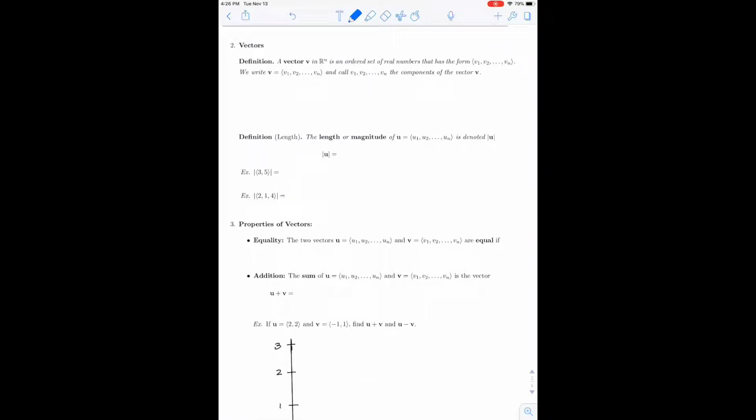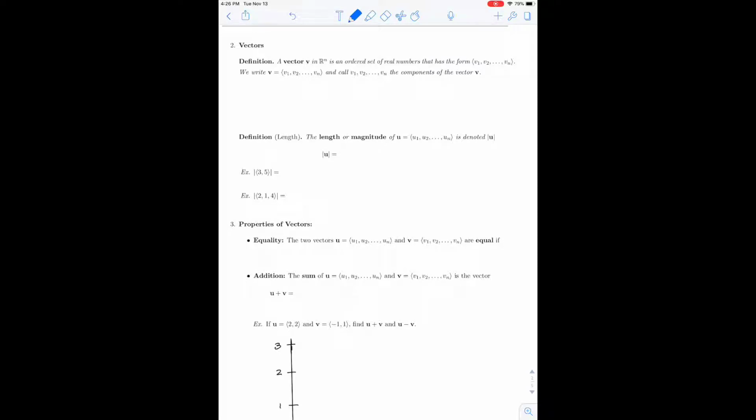A vector, we'll label that vector v, in Rn is an ordered set of real numbers that has the form ⟨v1, v2, all the way down to vn⟩, enclosed in those angle brackets. So the vector v is the collection of those numbers, and v1, v2, all the way down to vn are the components of that vector v.